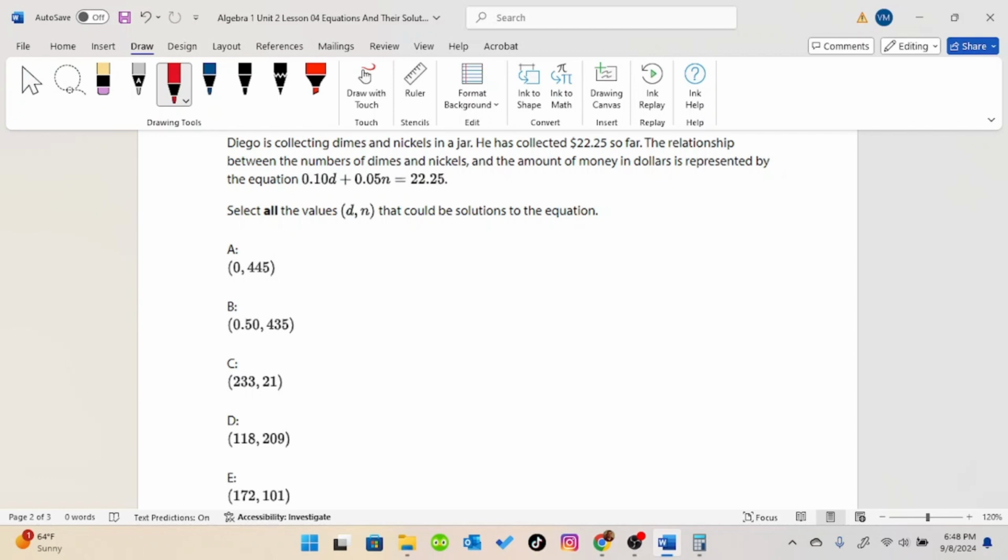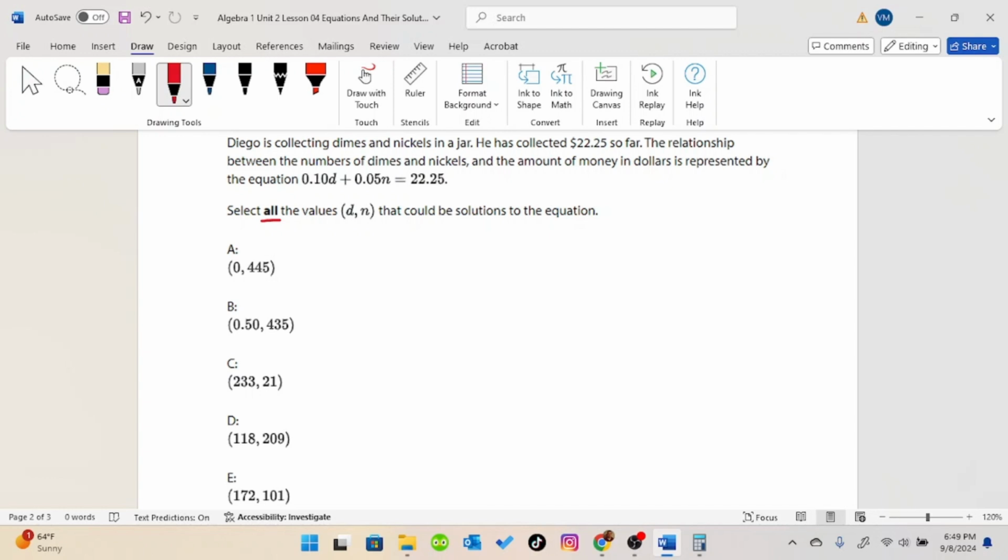So again, notice it says all, so you have to check every possible answer to see if it's correct. When we look at this, the reason that we have 0.10D is because every dime is worth 10 cents. The reason we have 0.05N is because every nickel is worth 5 cents.